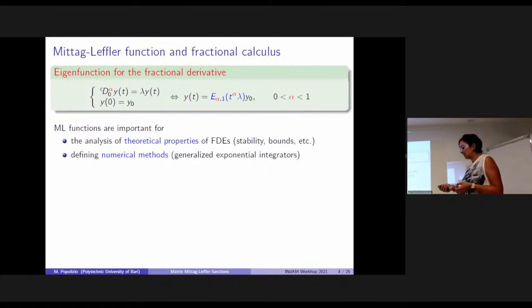This function is particularly important in the fractional calculus, as already seen today, yesterday, etc. We know that this function is the eigenfunction for the fractional derivative. And so you may see that the solution of this specific differential problem, with this denoting the Caputo fractional derivative, may be expressed directly by means of this Mittag-Leffler function.